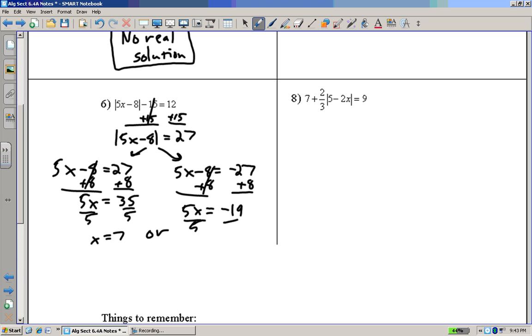Divide by 5. And we have x equals negative 19 fifths. Now you could write that as negative 3 and 4 fifths, but we're just going to leave it as is. X equals 7, or x equals negative 19 fifths.